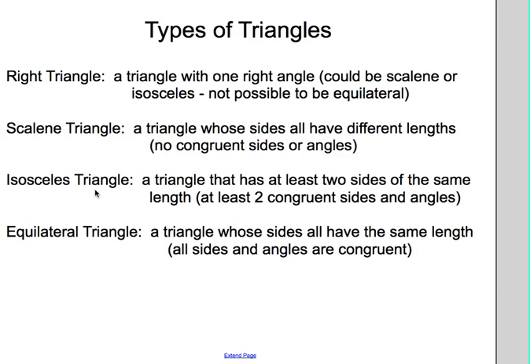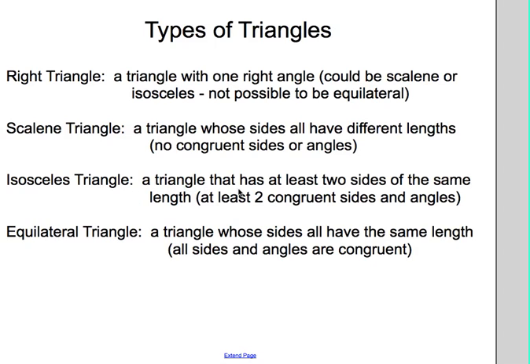You know how we can say that all squares are rectangles, but not all rectangles are squares? Well, we can kind of say that about these triangles. All equilateral triangles are isosceles, but not all isosceles triangles are equilateral.